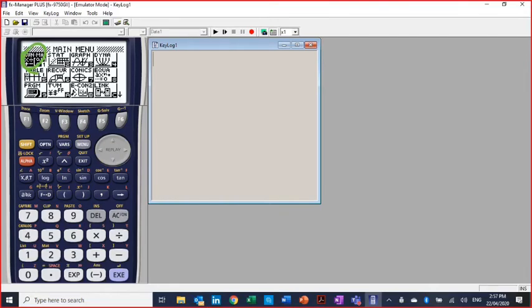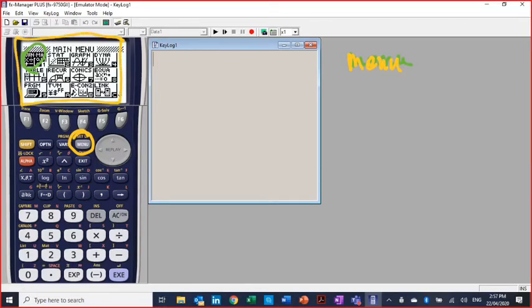Okay? You don't want that. So what you're going to do first is you're going to go to the menu button. Menu, right there. So everybody please push that button. And when you do, this main menu appears.